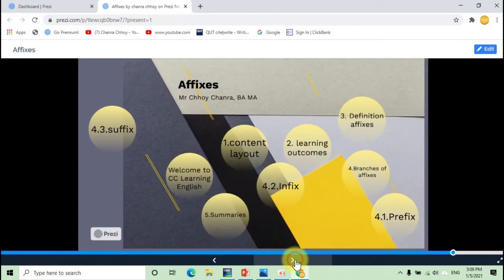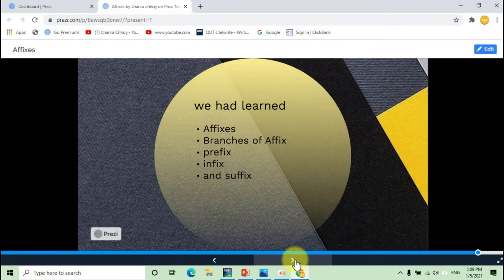So now we go to the summary. I hope you understand what I mentioned here. We learned about affixes and the branches of affixes. Affixes come from the bound morpheme, the bound morpheme comes from the morpheme, and the morpheme comes from morphology.